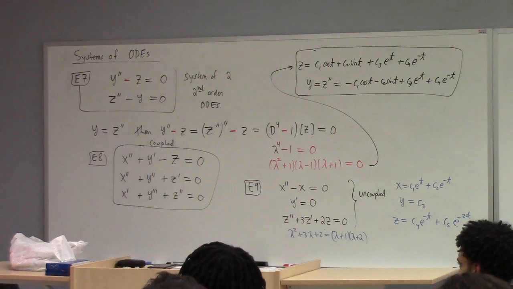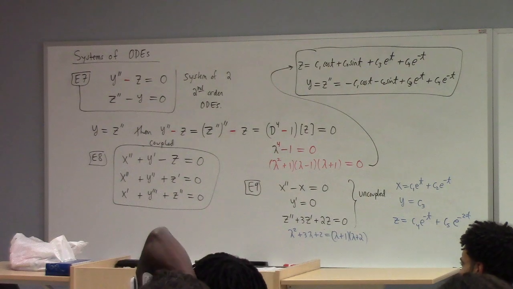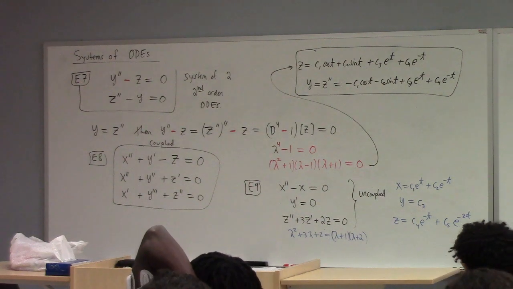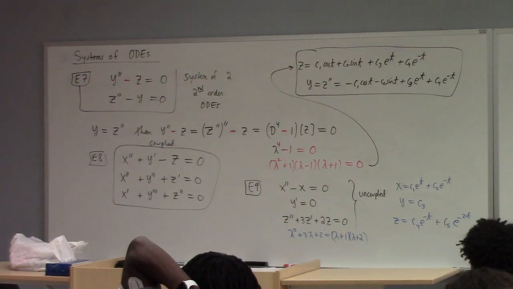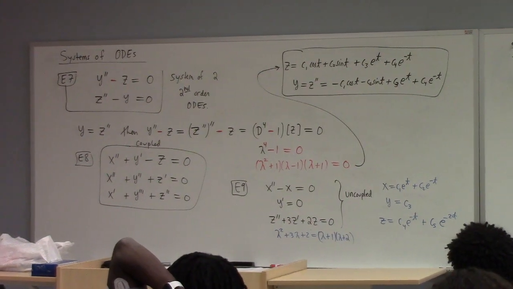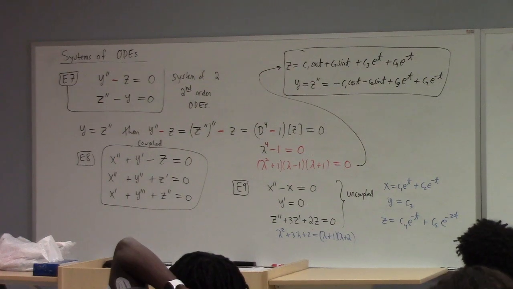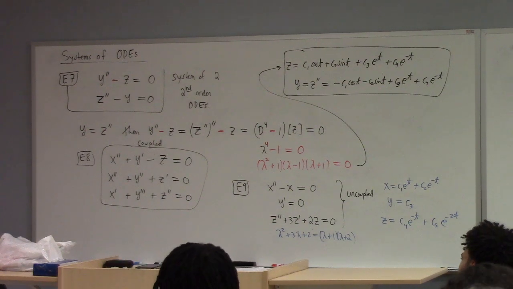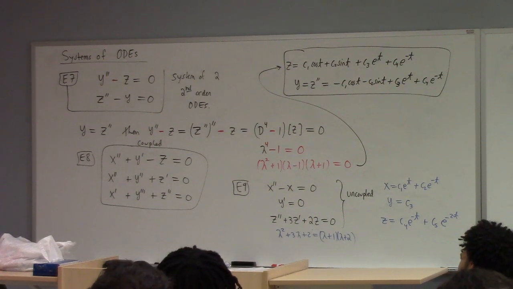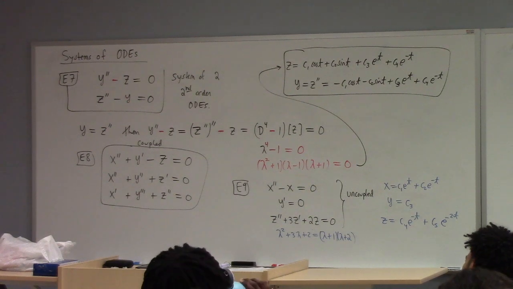If I was to make my example 8 a matrix problem, and I'm not going to do it, but if I was, how big would the matrix need to be? What's the highest x prime I got there? Does that have 3 primes or 2 primes? What's my biggest prime for y? 3. All right.